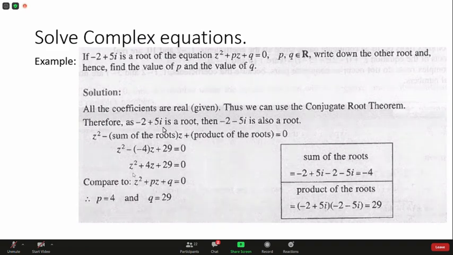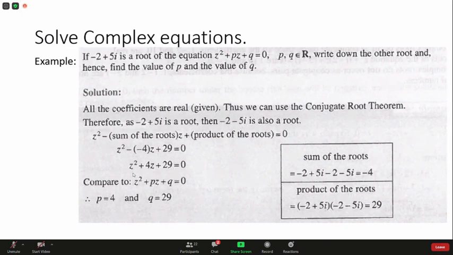Minus 2 plus 5i is a root. That's given, no? Minus 2 plus 5i is one root. Therefore, the other root is minus 2 minus 5i. Very simple. One root is given, so you can calculate the other root, the conjugate.